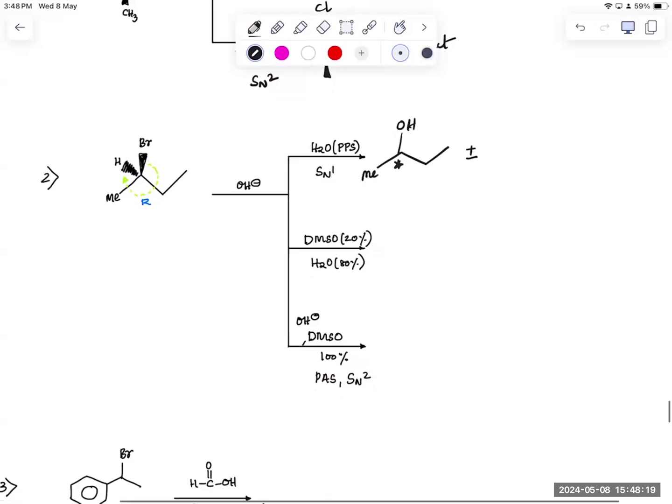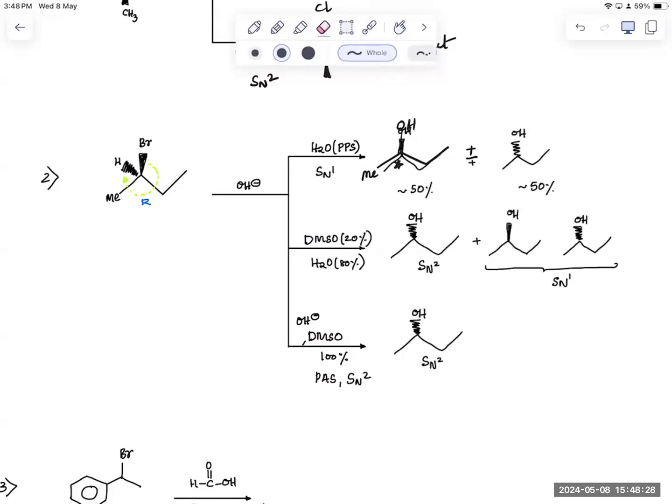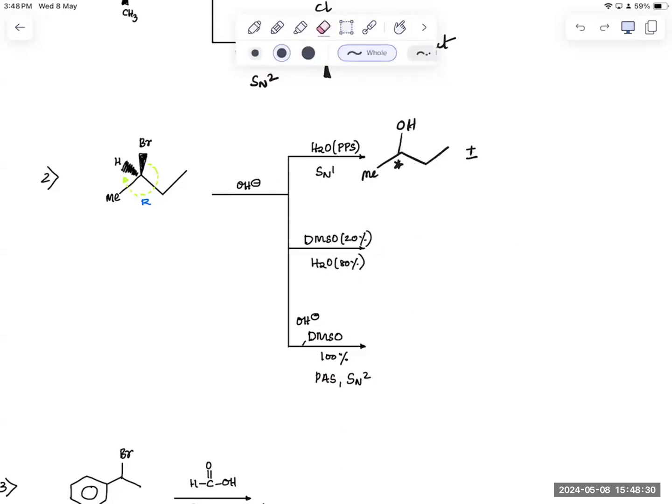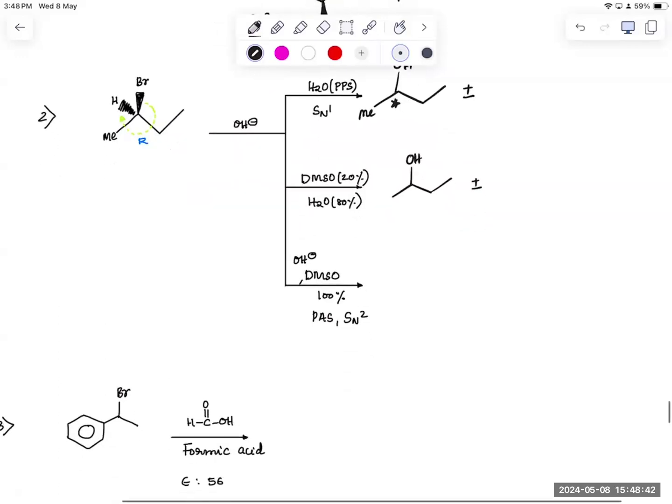Here we have 20% DMSO, 80% water, correct? Still, what I would suggest is you need to get this clear that it will be 50-50%. In the second case, as long as water is 80% present, it is still going to have OH here with almost 50-50%.